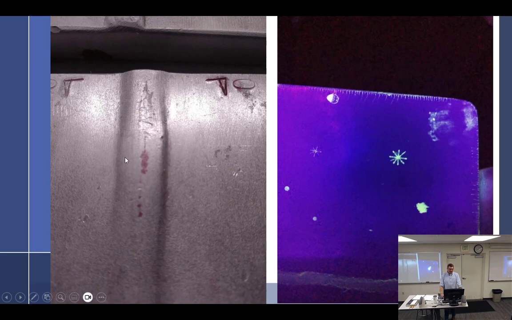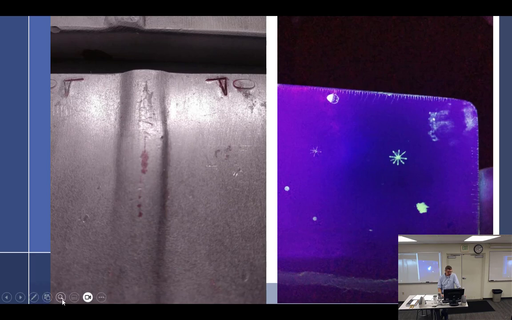So this one right here is a brake weldment. It's a welded plate that was purposely cracked and sold that way. And so this is type what over here on this side? Type 2. And type 2 method what?